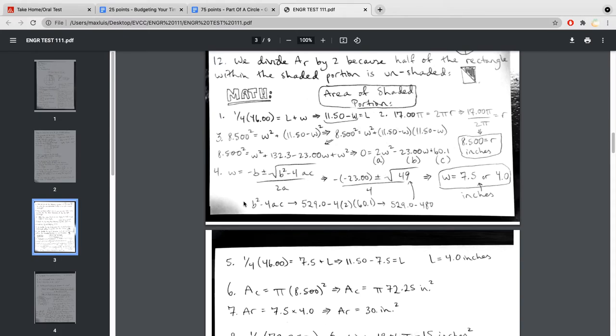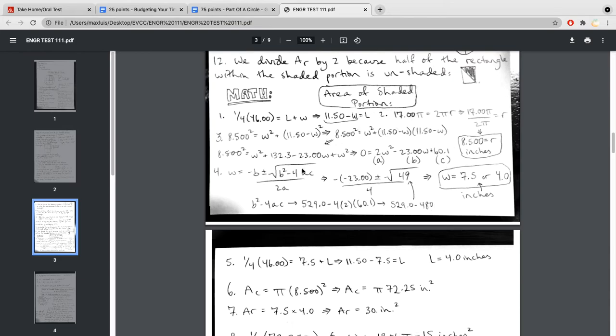We plug b in for b squared, so negative 23 squared, which is 529, minus 4a, which is 2, times c, and we get 529.0 minus 480. Since the sig fig rule makes it so there are no decimals, our answer should have no numbers beyond the decimal, so we have 49. 529 minus 480 is equal to 49.